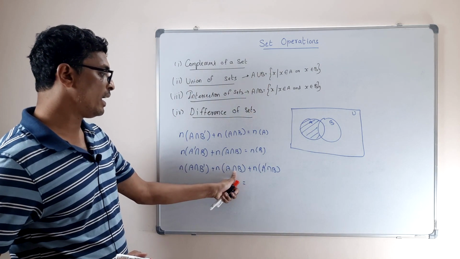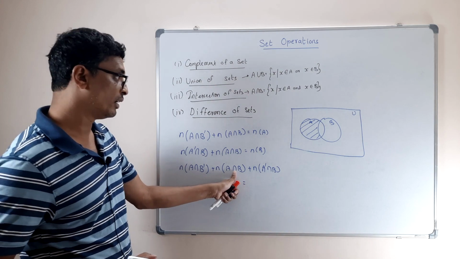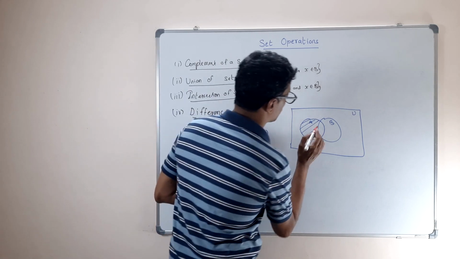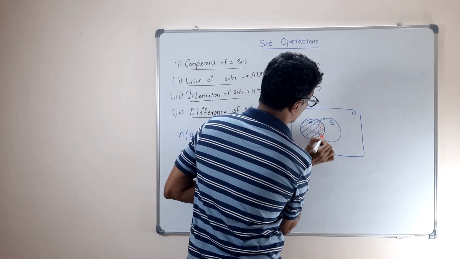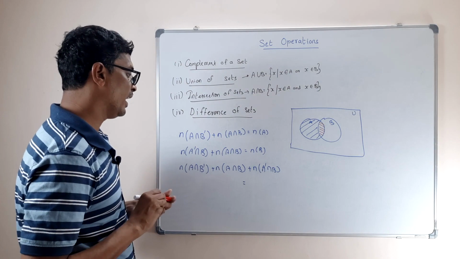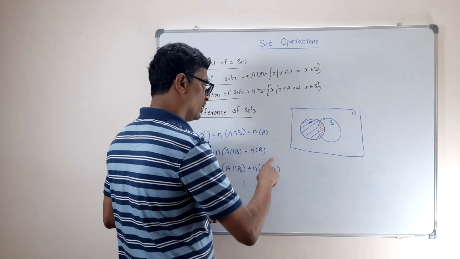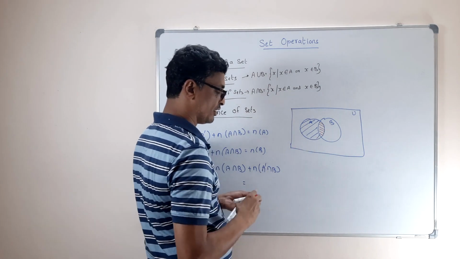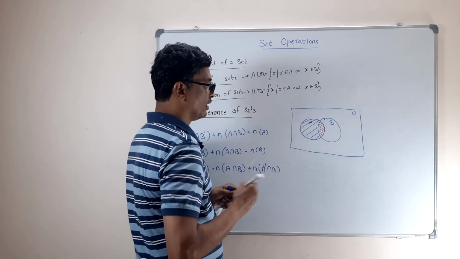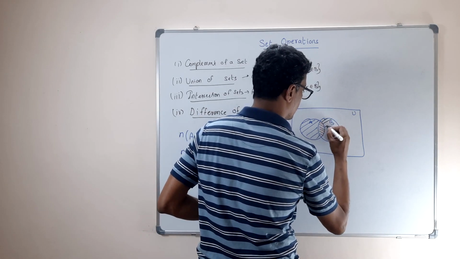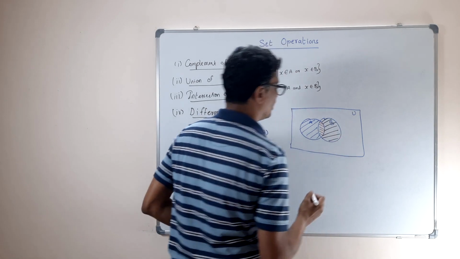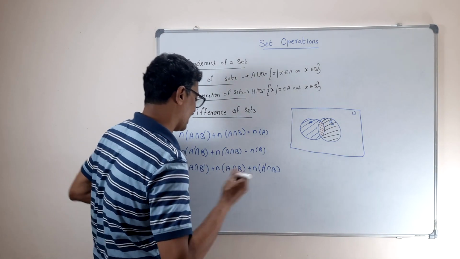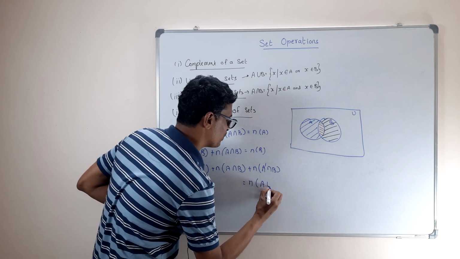Then A intersection B is the center part, so this portion. And then A complement, that is outside, intersection B, which is the B part without the center, this portion. That together is A union B. So this will be N of A union B.